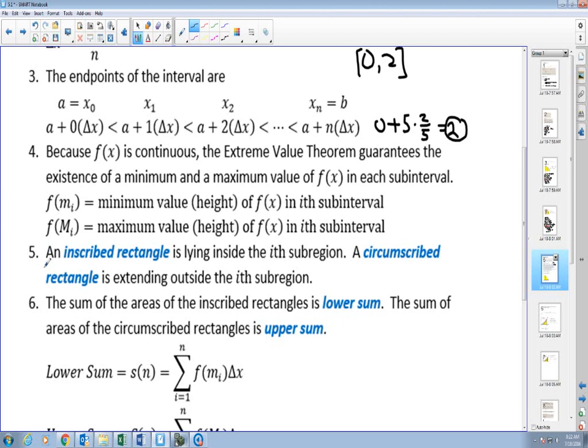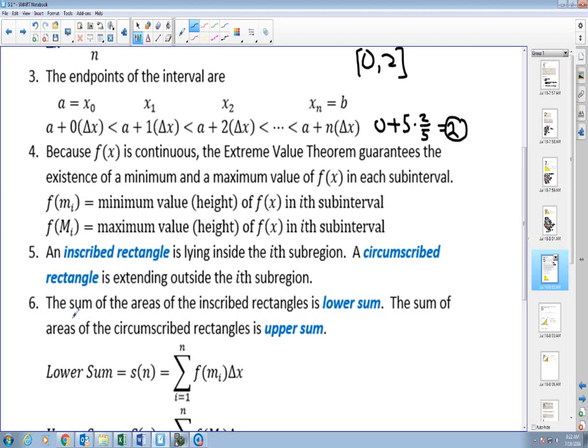Earlier, when I drew the rectangles underneath my curve, that's called the inscribed rectangle. An inscribed rectangle lies inside the ith subregion, while a circumscribed rectangle extends outside of the ith subregion. All that's saying is rectangle underneath the curve or above the curve.